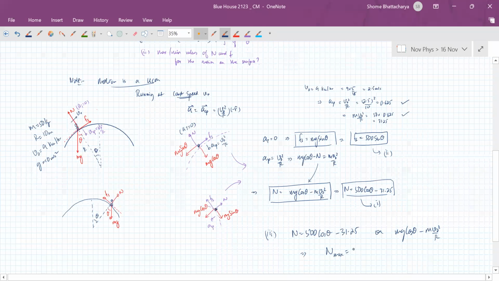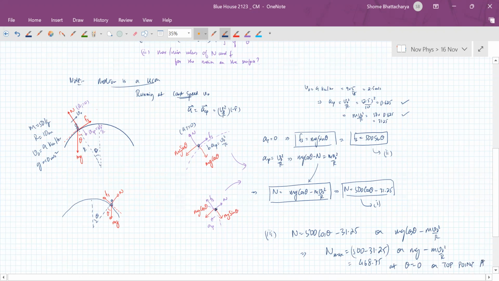So the maximum value is 500 minus 31.25, or mg minus mv naught square by r. So this is how much now? 500 minus 31.25 becomes 468.75. But this will be at theta equal to 0, or the topmost point.